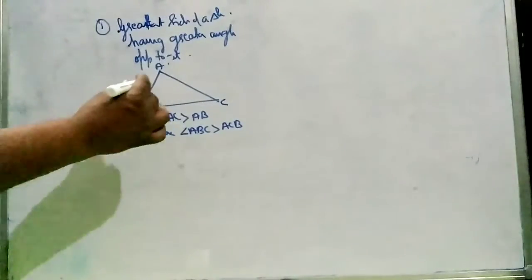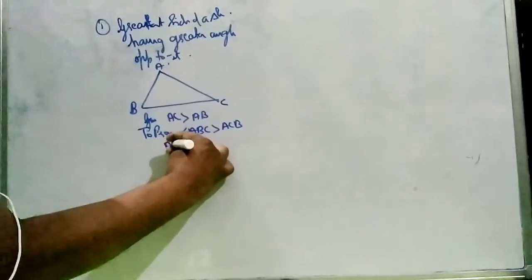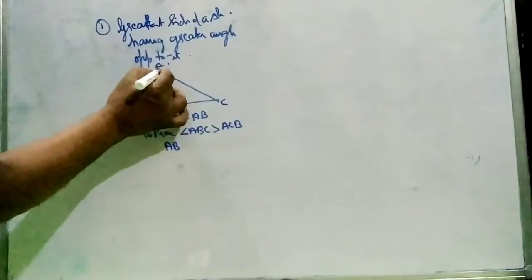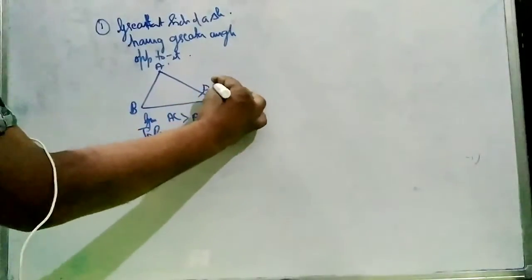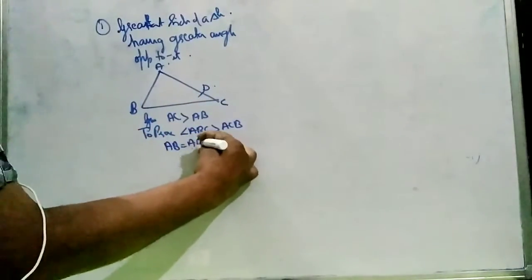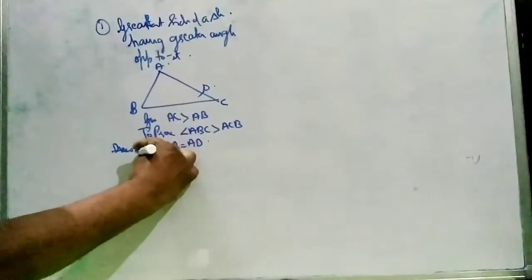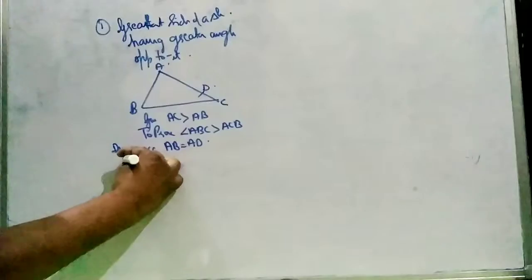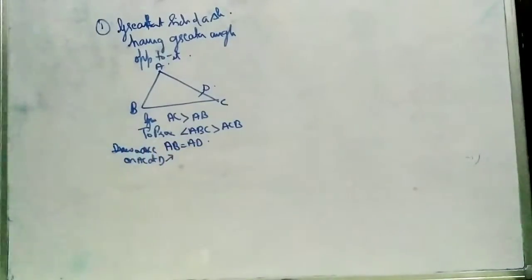How will you prove it? Take the side AB and mark it of the same length as D over here. AB is equal to AD. Draw an arc on AC at D such that AB is equal to AD.